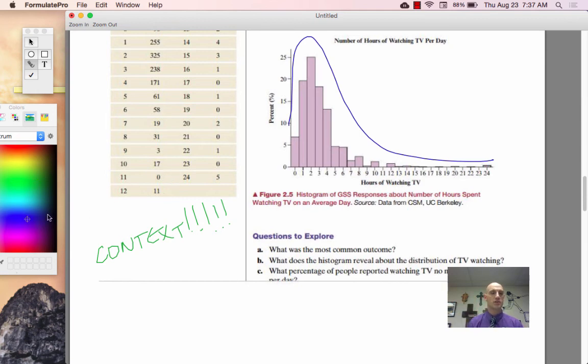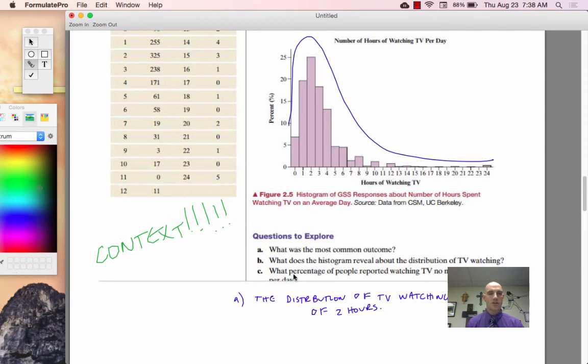And so what they're looking for is you to reiterate what's going on here. So in answer A, you need to say something like this. The distribution of TV watching has a mode of 2 hours.